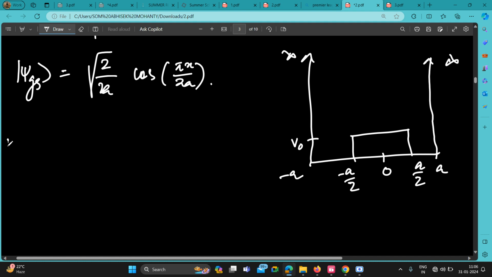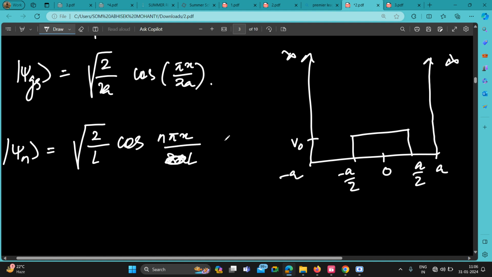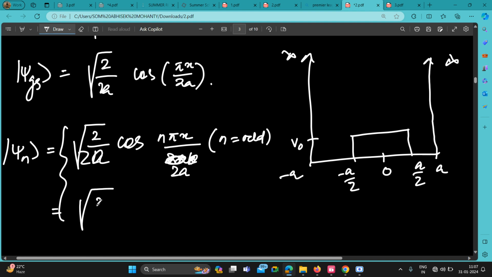Because we know psi n is equal to root over 2 by 2a cos n pi x by 2a if n is odd, and root over 2 by 2a sin n pi x by 2a if n is even. Remember this, if n is odd it's cos, because this is even, this is sine.